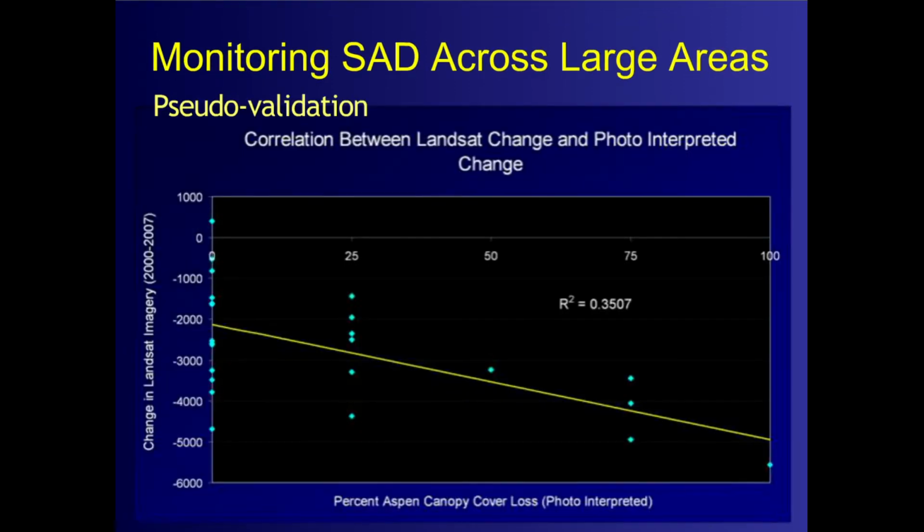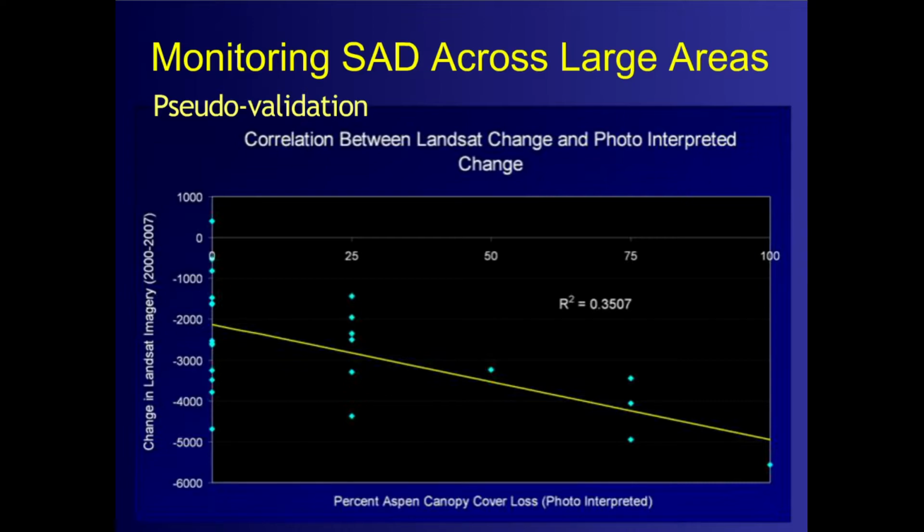Now, given that I didn't have the data yet to validate, I went and did just a quick and dirty assessment of this. And I selected about 20 random points in this change detection layer.